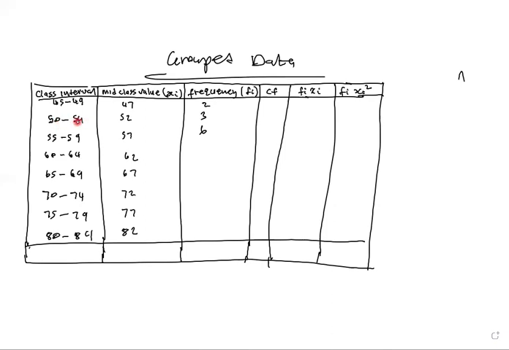Sir, and what if there's no middle number? It always has to be there. Oh, okay. We always got it by adding those two numbers and dividing by 2. So that's one way you can get the number: you add the lower limit and the upper limit, then you divide by 2.